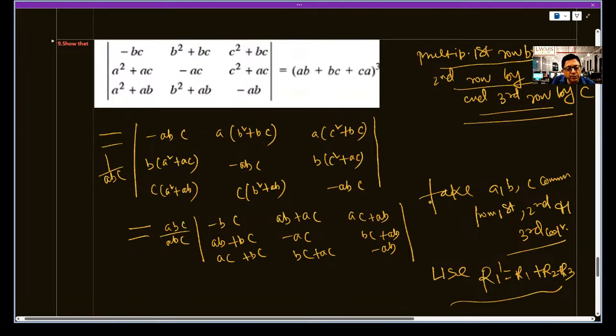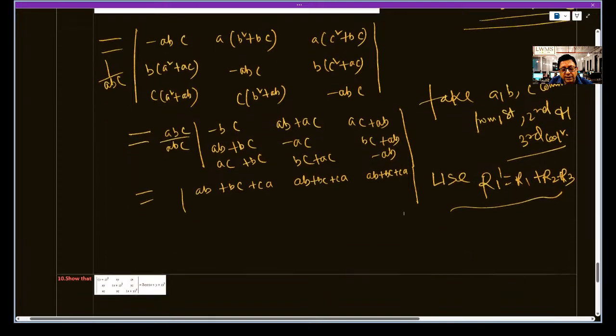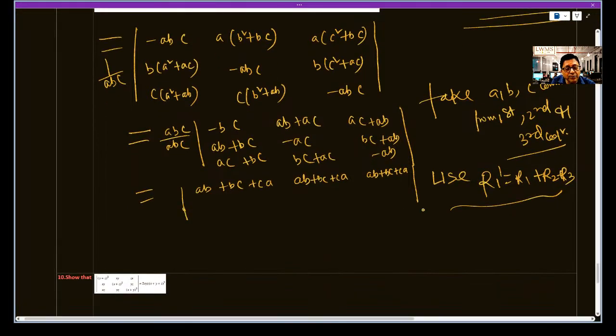You have taken A, B, C common, all get cancelled. Now use this operation. What are you getting there? AB, BC, CA. AB, BC, CA. Here also, rest get cancelled. So what is remaining over there? Just write.